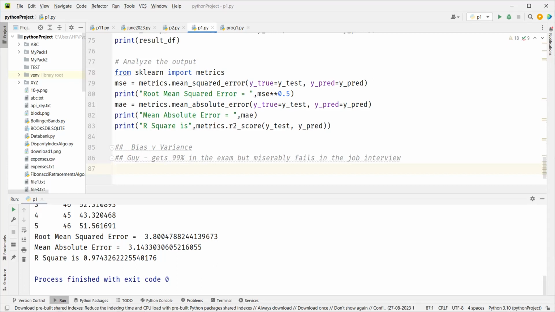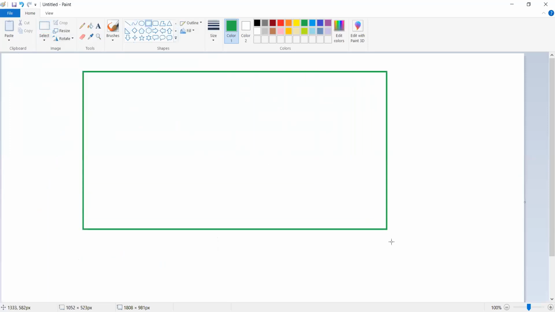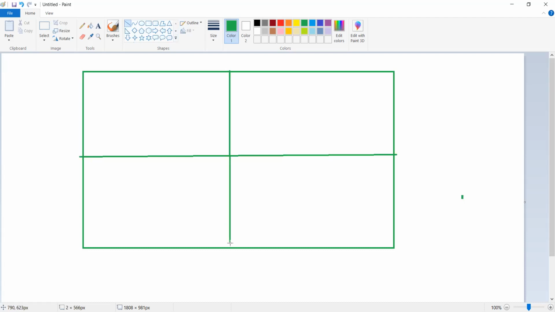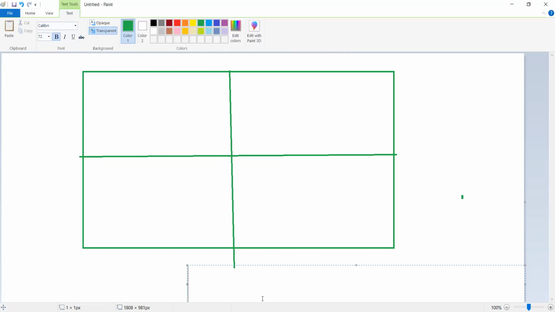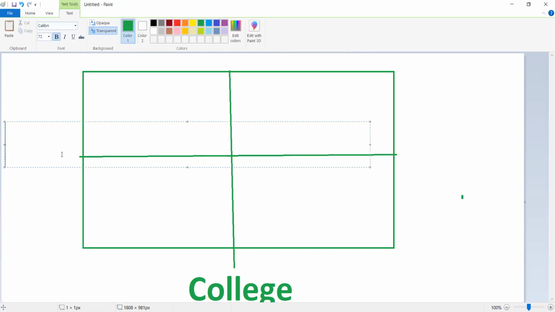So for a second, let's go back to our paint again. There are 4 possibilities, right? So what are the 4 possibilities? This is at college level, and this is like, say, job level.